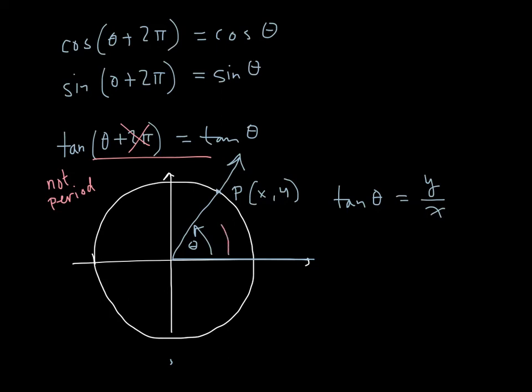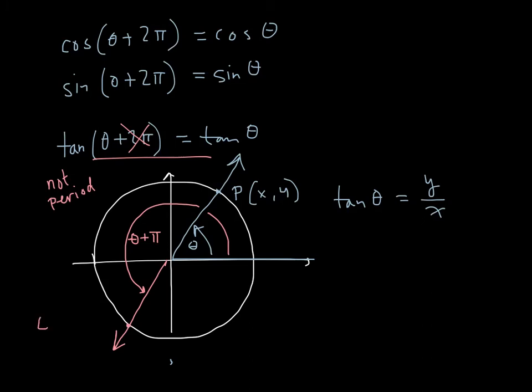We have our angle theta, but now we're going to add a half rotation and end up down here in the opposite quadrant. So the terminal side now of this angle, which is theta plus just pi, a half rotation, will be in the opposite quadrant.